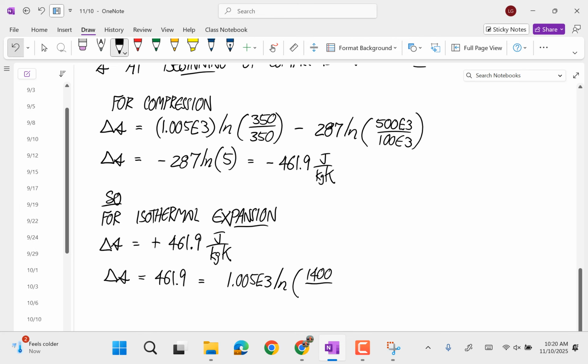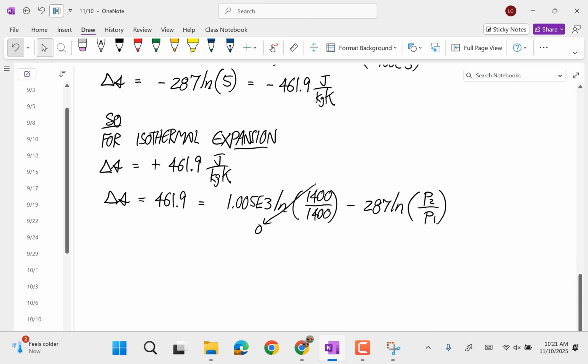But that temperature doesn't change, so it's 1400 over 1400, minus 287 times the natural log of P2 over P1. This goes away. And so 461.9 divided by 287 is equal to the natural log of P2 over P1.